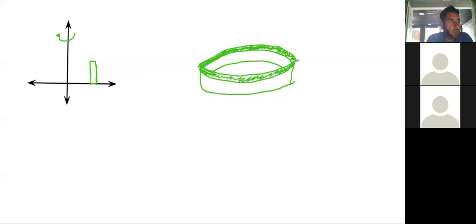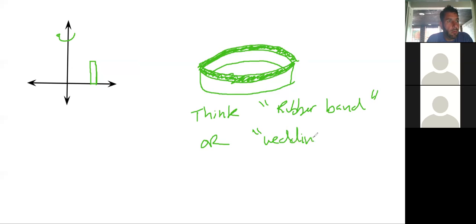One way I can get you to imagine this is, I would encourage you to think of a rubber band, or a ring, like a wedding ring. That's the kind of geometry we're looking at with this piece.